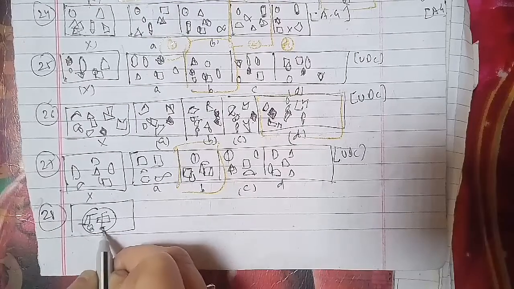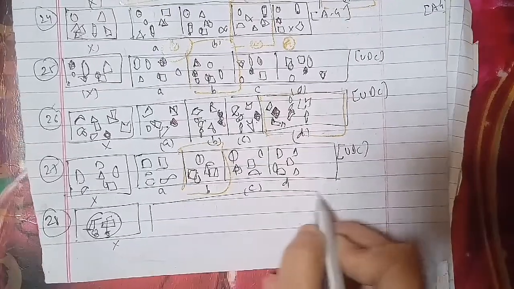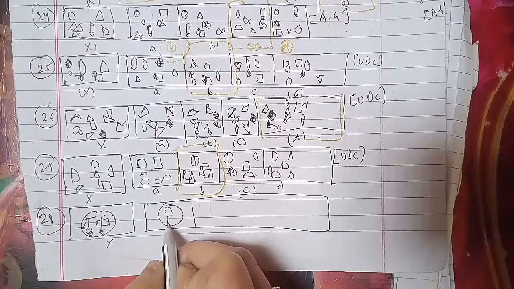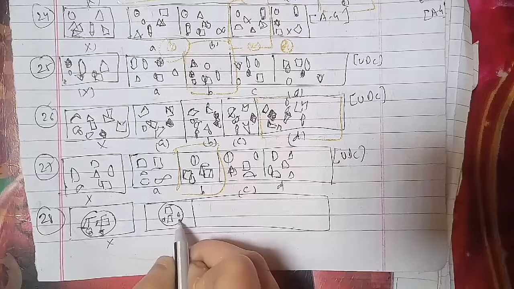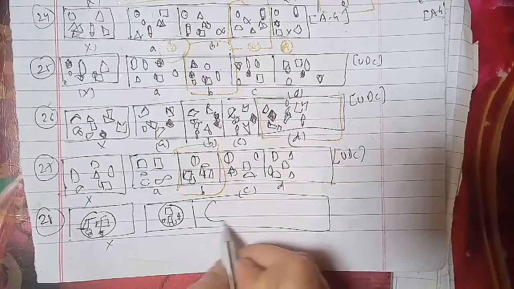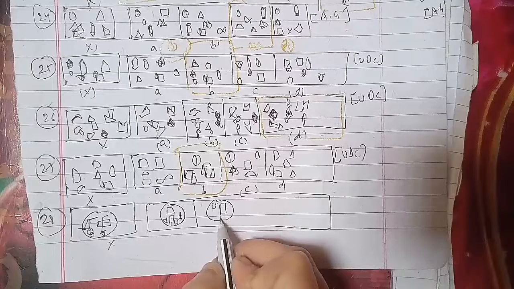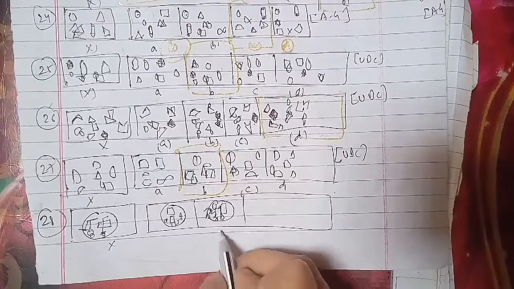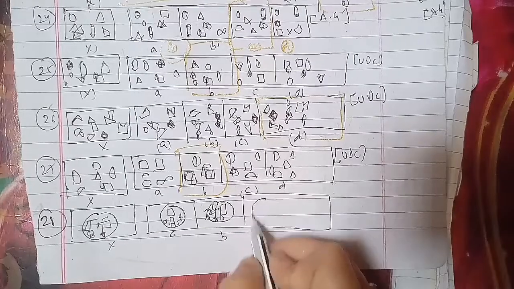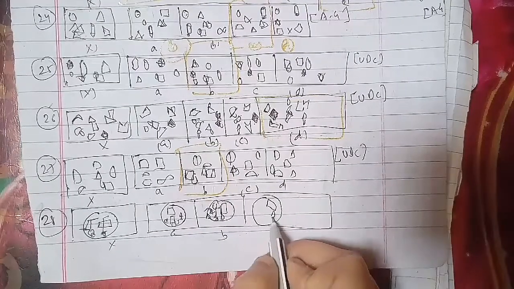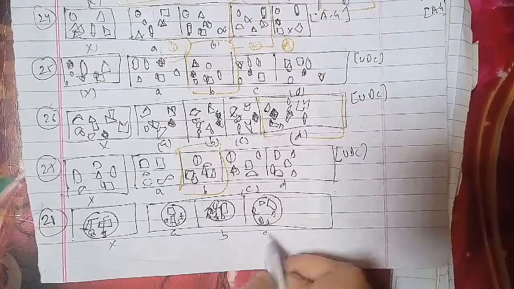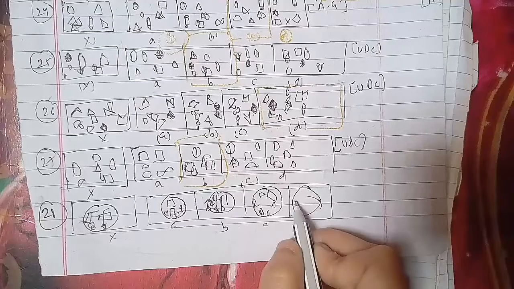That we have a bar here X, then we have your B1, B1, C1 as well. And the D here, which has been like this.